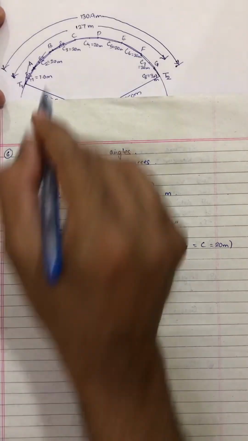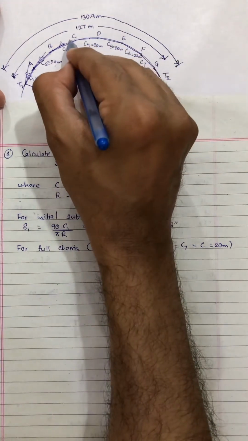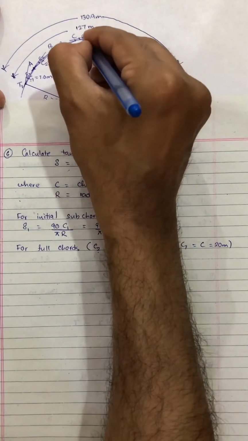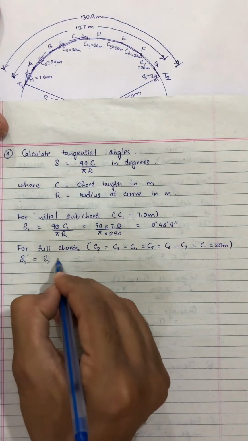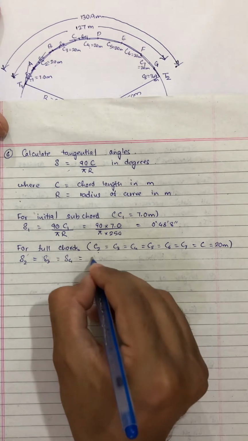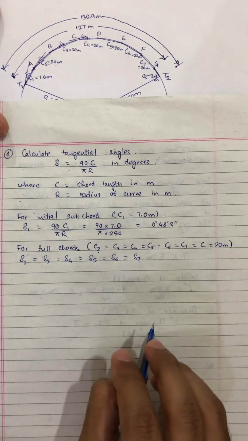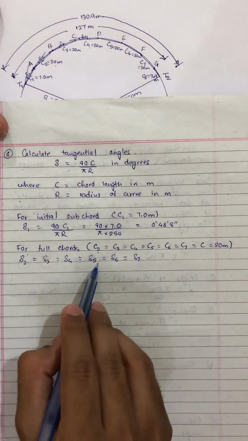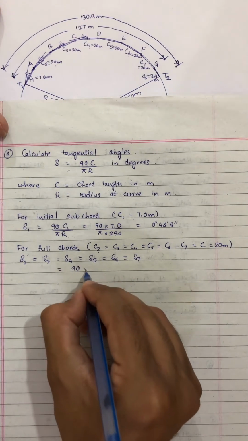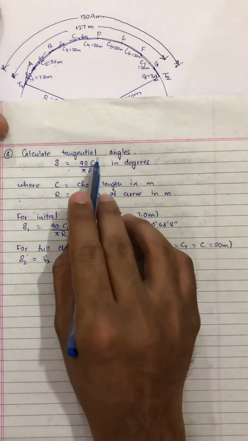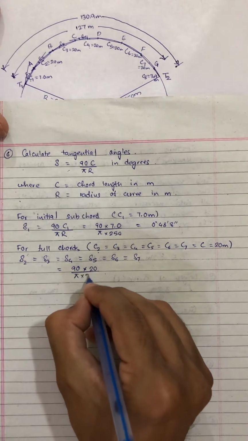So del 2 equal to del 3 equal to del 4 equal to del 5 equal to del 6 equal to del 7, 6 numbers, and it will be equal to 90 into 20 divided by pi into 250.